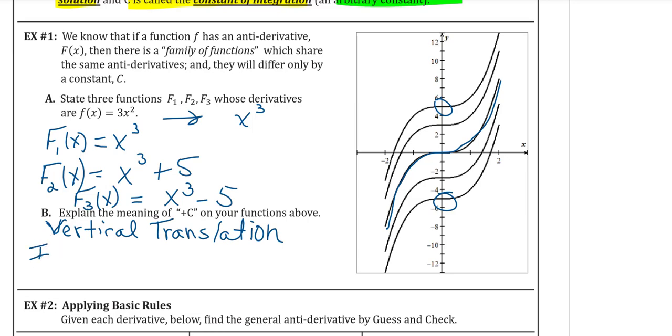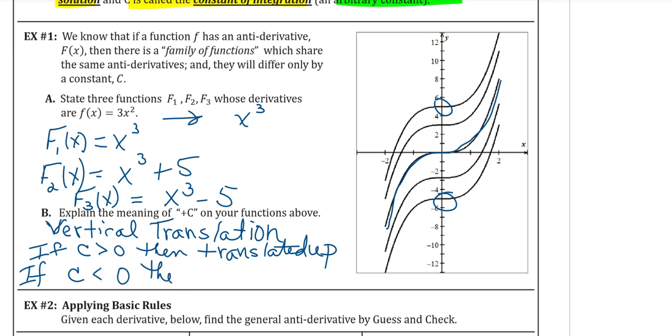If c is positive, then it's translated up. If c is less than 0, then it's translated down. I should have used capital F.